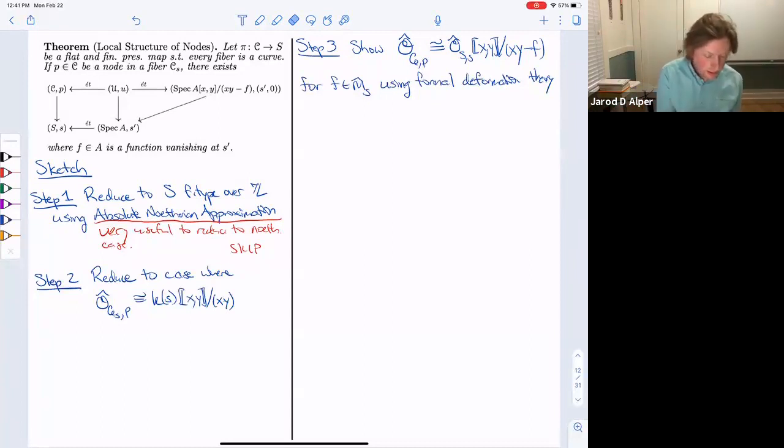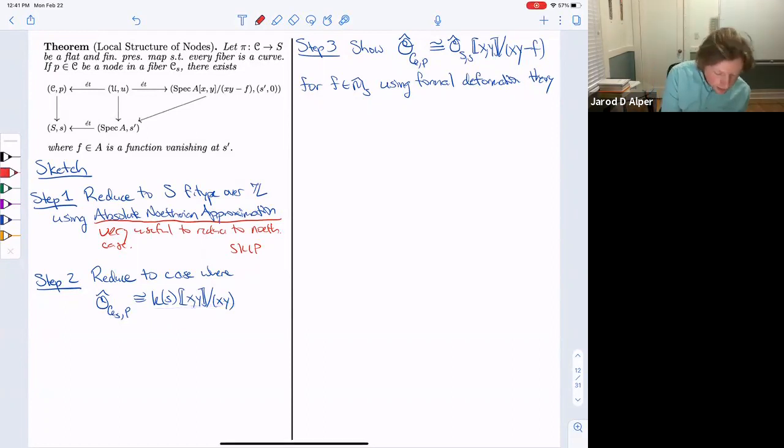And then in the second step, we want to reduce to the case where the completion of the fiber has that particularly nice form. So we want to reduce to the case that the complete local ring of the fiber C_s at P is isomorphic to this.